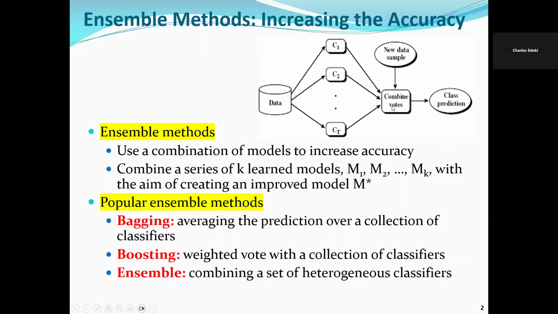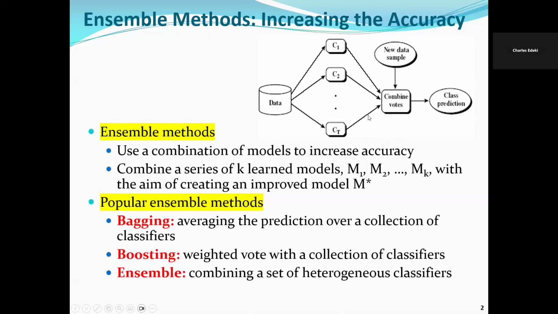Then we have two options. If we are doing classification, we are going to consider what we call the majority vote. If we are doing regression, we are going to take the average result as our prediction. Again, we will see the method in detail, but that's the whole idea here. We have one big training data set, we break it into, let's say, 10 different sub-training sets, and we build 10 different models.